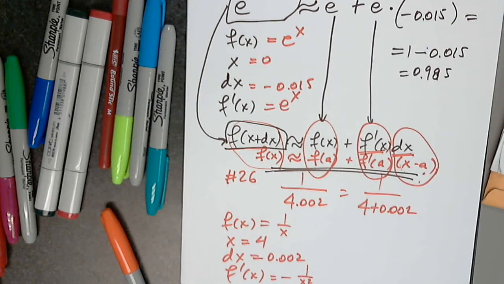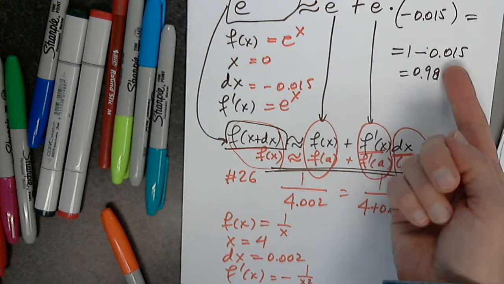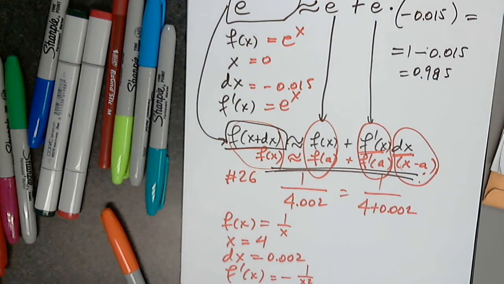But can you raise e to that power by hand? No, you can't. But can you approximate it now with calculus? Yes, very easily. 1 minus this is 0.985.